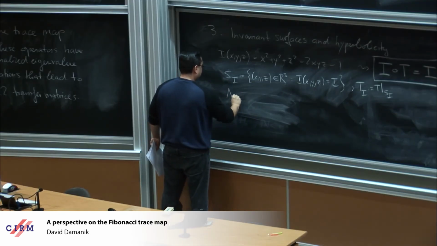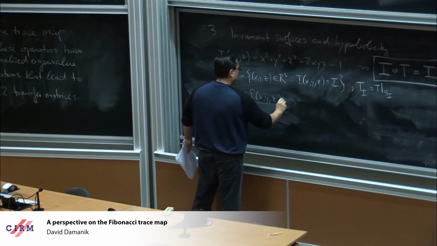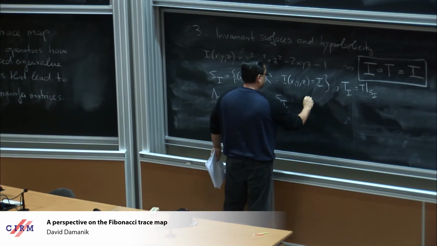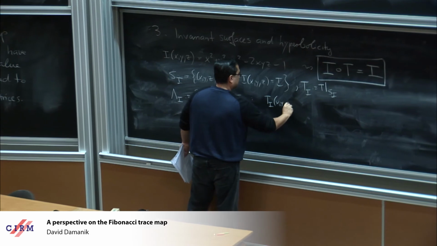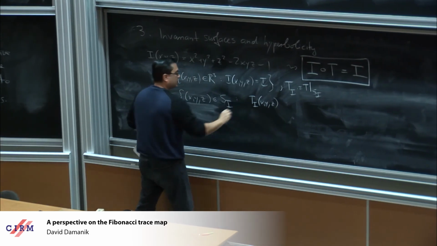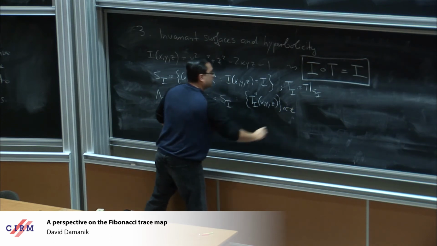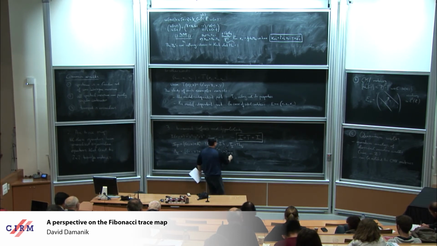So lambda I is the set of xyz's in S_I such that if you look at T_I applied to xyz, and now you look at the orbit, in fact the 2-sided orbit of a point on the surface under this trace map, you say, okay, I'm looking at those points where the 2-sided orbit is bounded.